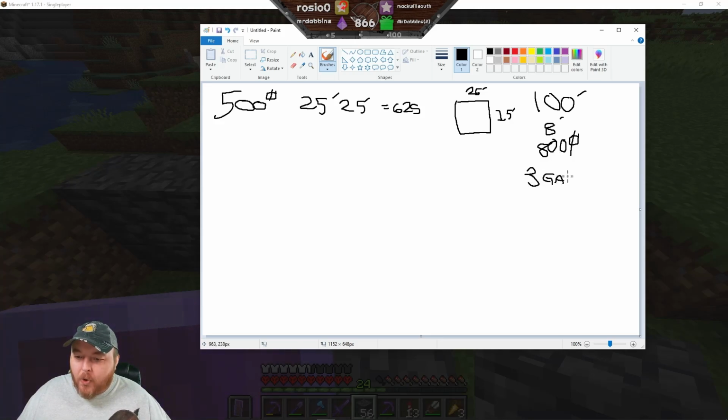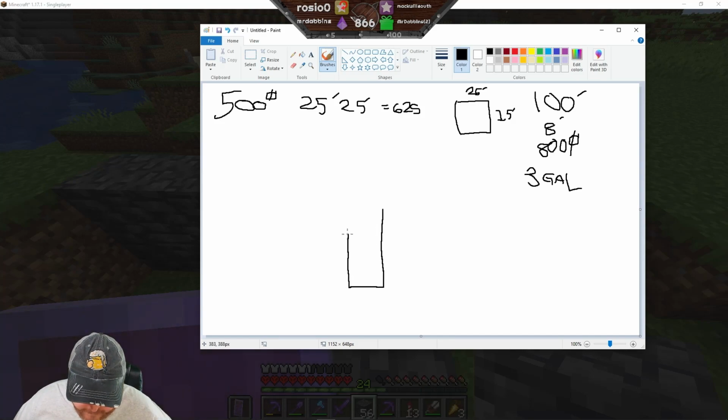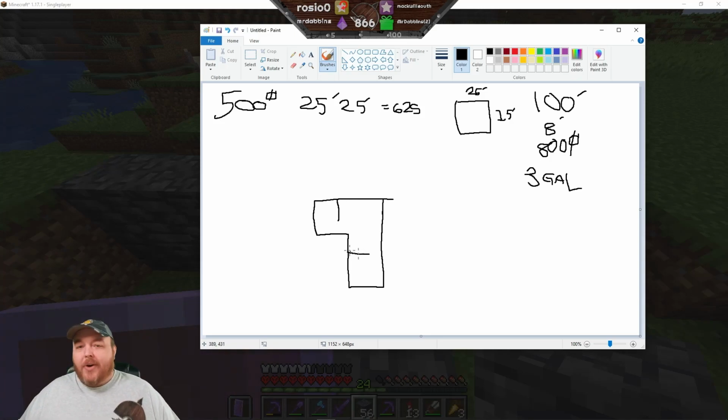So let's say you buy 3 gallons of paint and you go to the job, all right? You show up. The room looks like this. With a wall here and a wall there. Okay? Now, let's say we dot this right here.